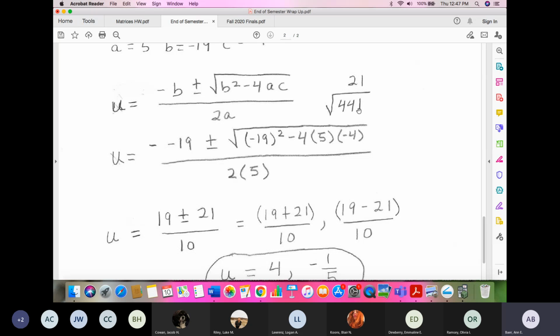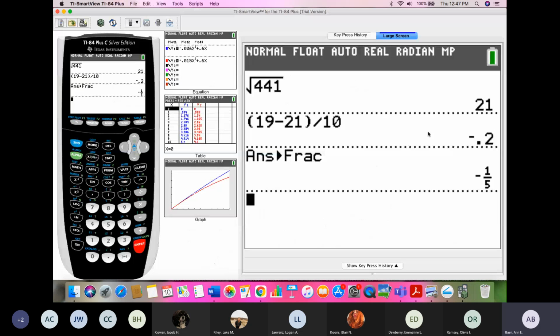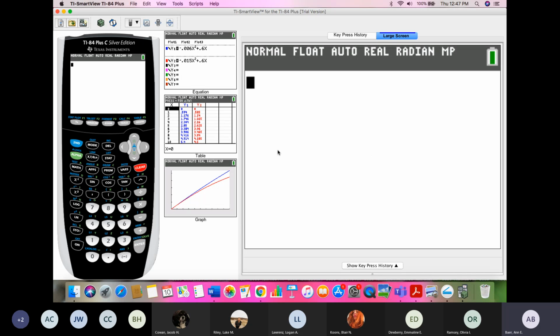Let me take a quick moment to show you how you can do that on your graphing calculator. You may already know. I'm going to go to the graphing calculator and clear off my screen. What we're looking for is the square root.